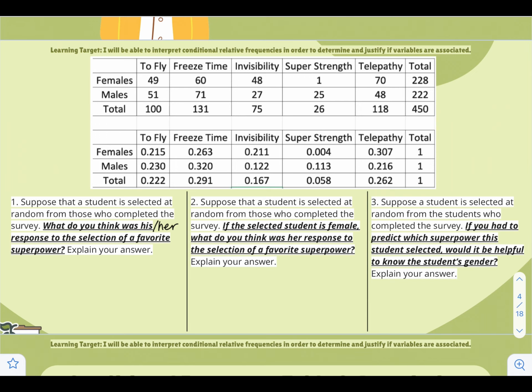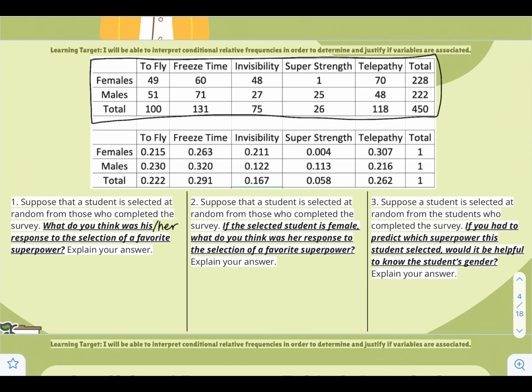Explain your answers. If you take a look right over here, there are 2 graphs which represent the same thing. One is just the frequency table. It shows how many people were surveyed, and which gender picked what type of superpower they wanted.